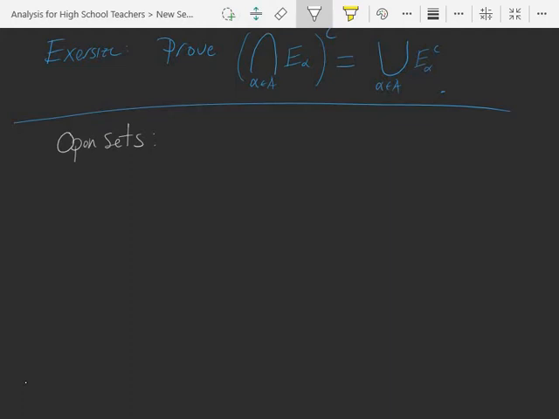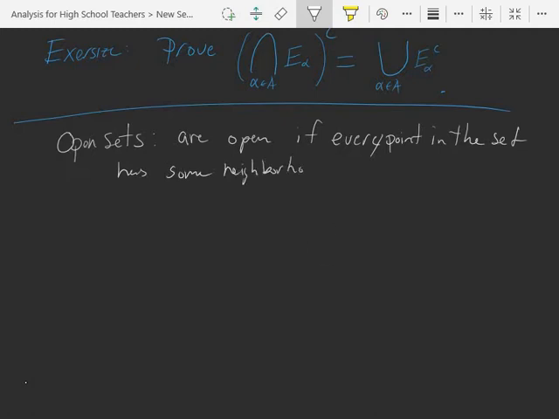Open sets are open if every point in the set has some neighborhood that's also contained in the set.